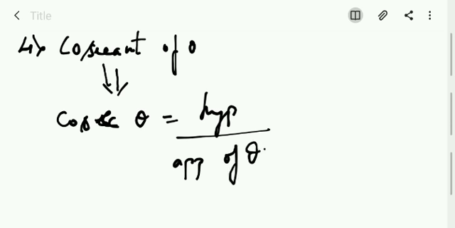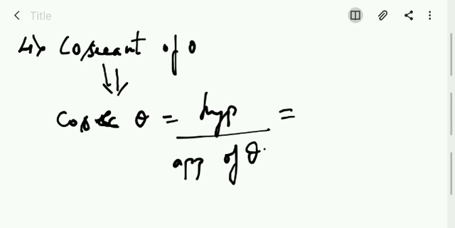Now once again, opposite by hypotenuse, you know the definition, right? So opposite by hypotenuse is the definition of sine theta.